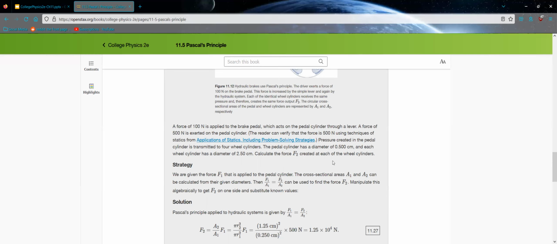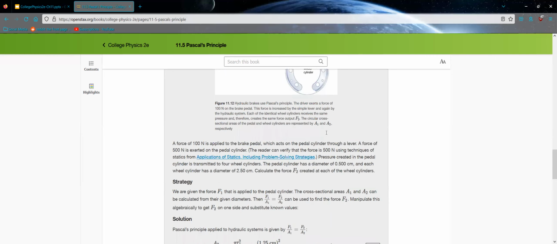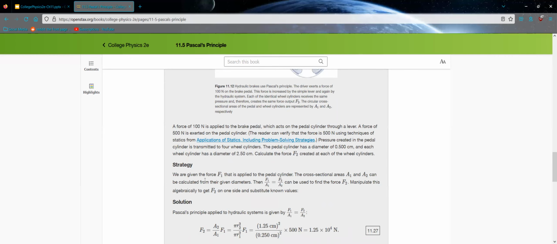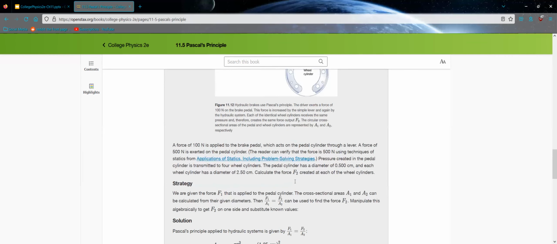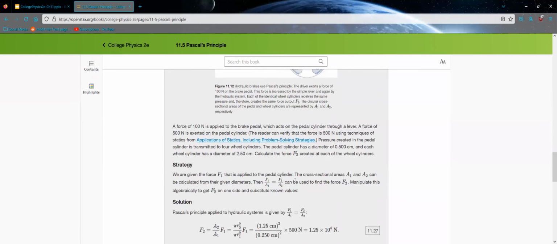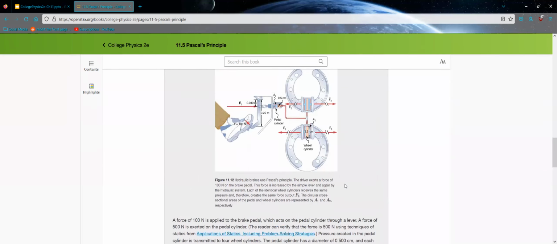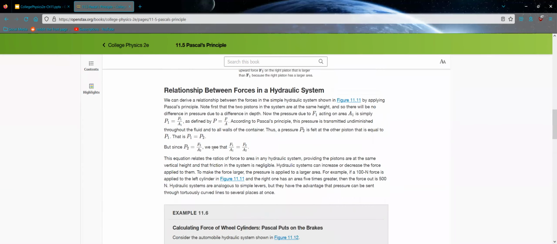Calculate the force F2 created at each of the wheel cylinders. So if I put 100 newtons down at the start of this conversation, what are the brakes feeling? What force is applied to the brakes to stop the motion of the tires? So we were given an F1 that's applied to the pedal cylinder, which is 500 newtons. Cool. We know the cross-sectional areas of these. So given that pressures are identical throughout, we don't have to worry about pressure, right?